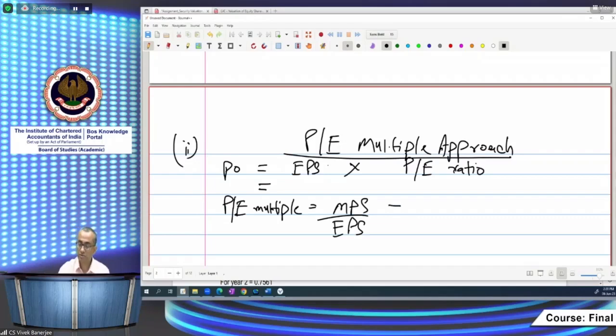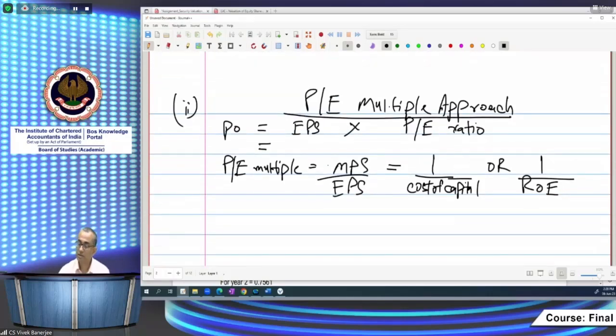So it can also be calculated as 1 upon cost of capital. Or it can also be calculated as 1 upon ROE, that is return on equity.